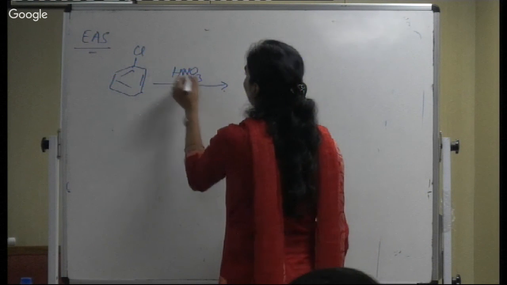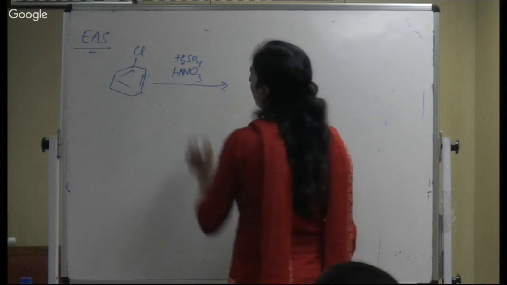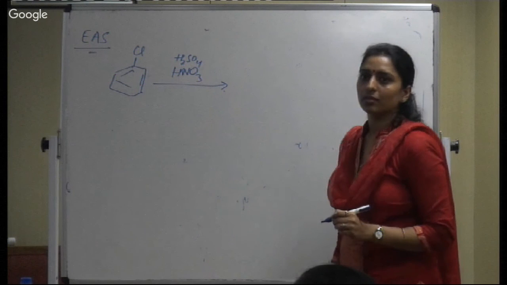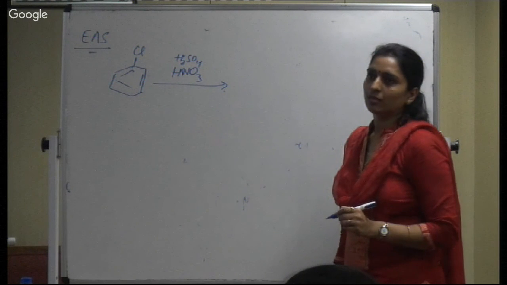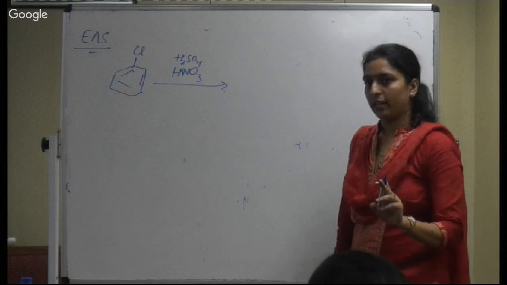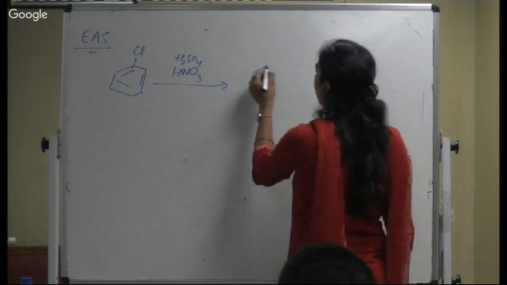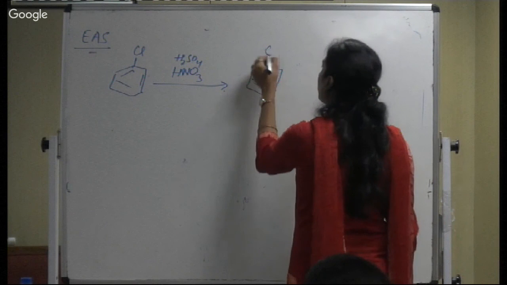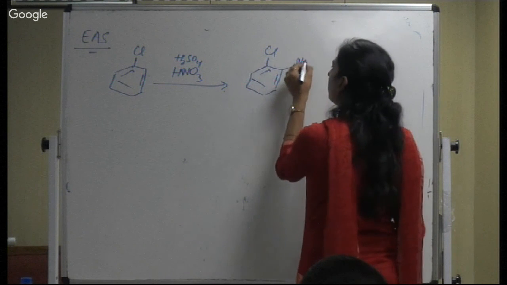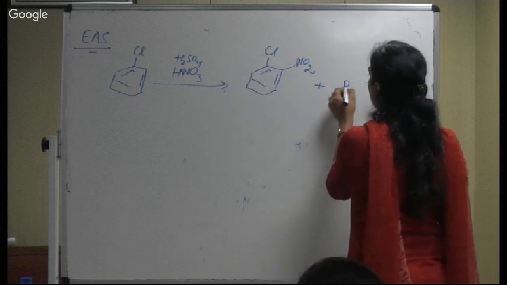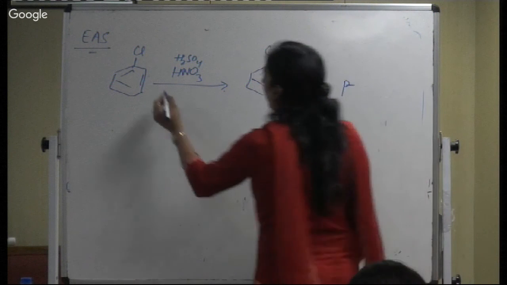Nitration. What would be the product? Chlorobenzene is deactivating, but it is ortho-para directing. So the incoming electrophile will occupy which position? Plus para isomer. Okay.